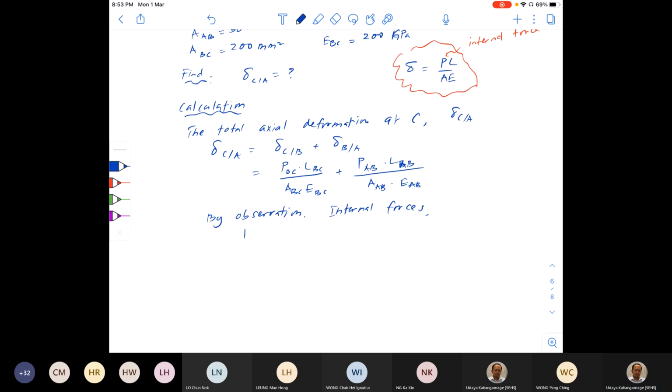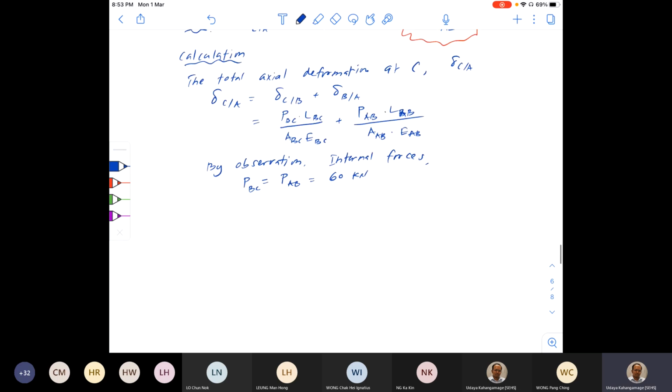Forces P BC should be equal to P AB and should be equal to 60 kilonewton. The rest is known, so now you can find out delta CA. P BC is 60 to the power 3.